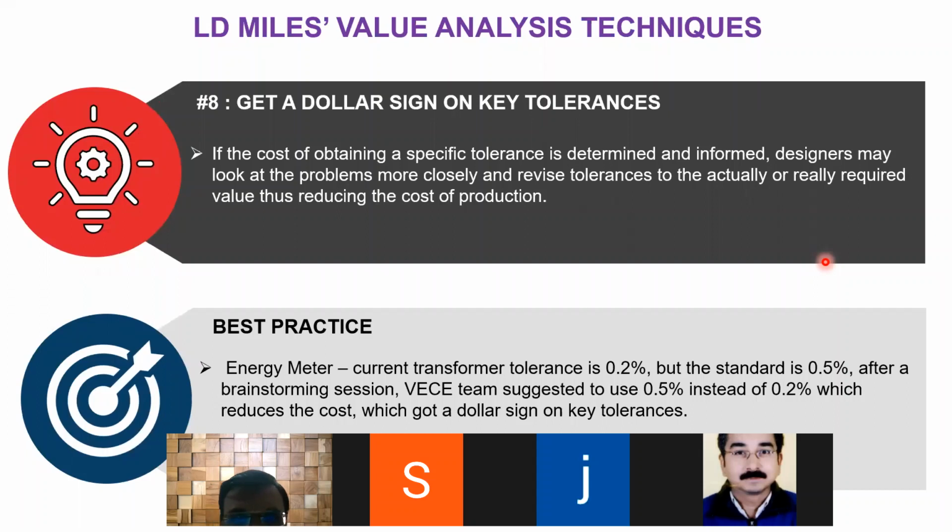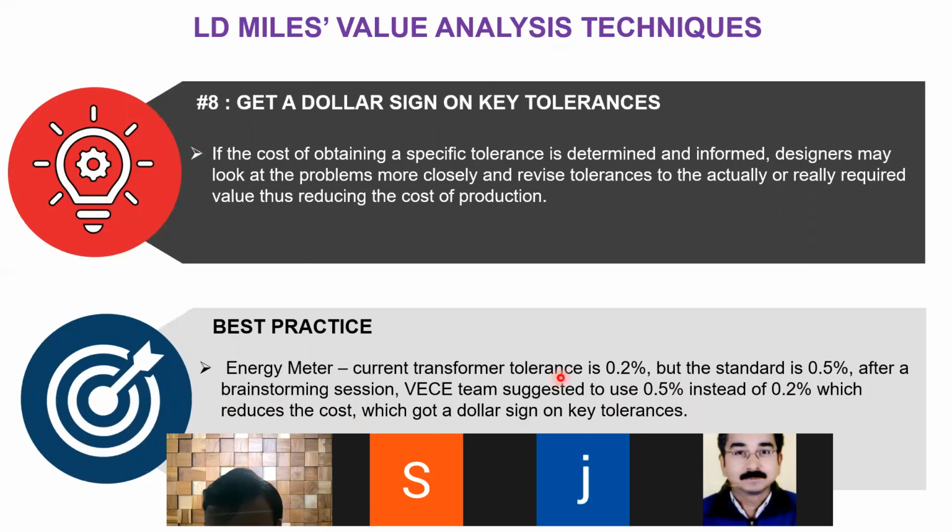Okay. Get a dollar sign on the key tolerance. It means determining the cost of obtaining a key or specific tolerance, which is related to the design aspect. For example, take an energy meter. If the current transformer is going to have 0.2 percent, but the standard is 0.5, then you can use 0.5 instead of 0.2 because it is standard, and it will also reduce the cost.